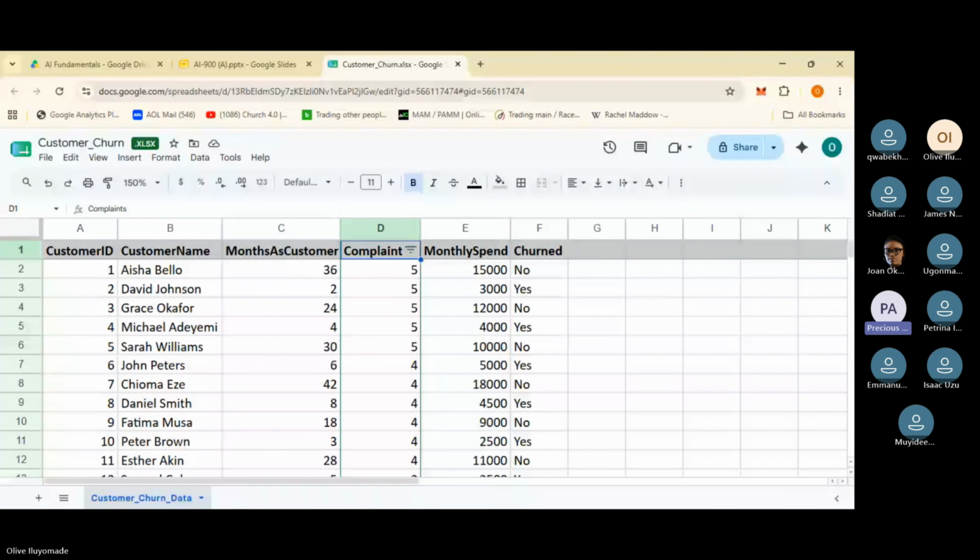I recall you mentioned that these are the features. The way this data is being broken down, like monthly customer complaints and monthly spend, those are the key features that we are feeding it.